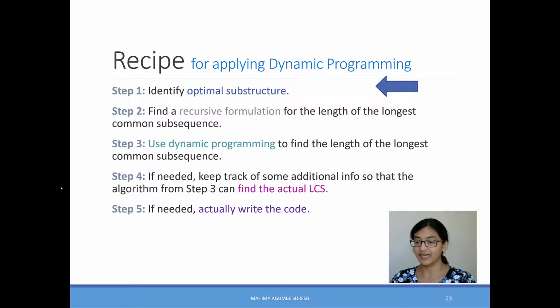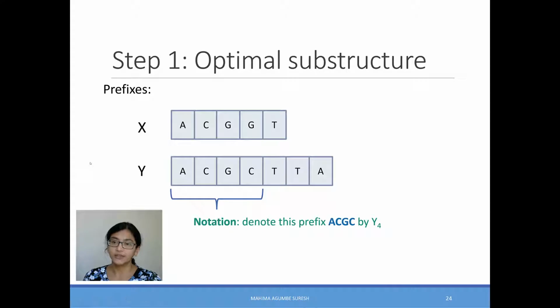The first step is to identify an optimal substructure. An optimal substructure is the solution to a sub-problem, a smaller problem than what we already have. Your solution to the bigger problem can be solved as a combination of these smaller sub-problems.